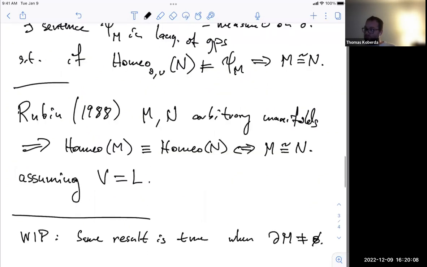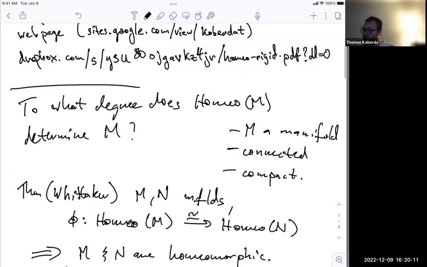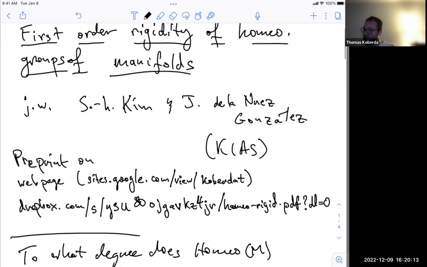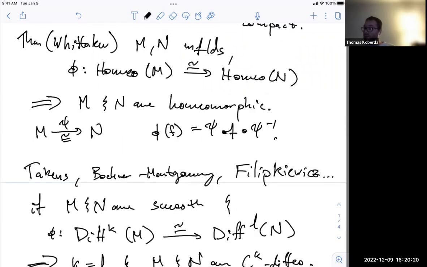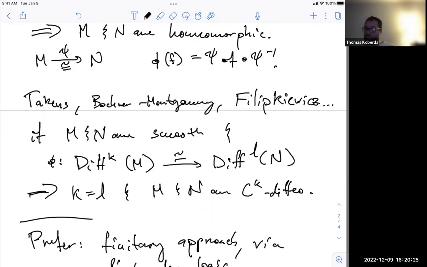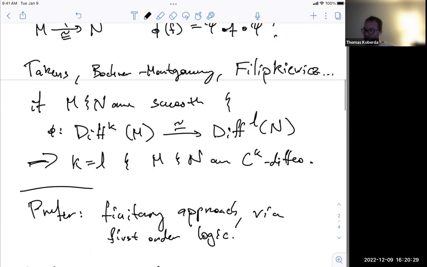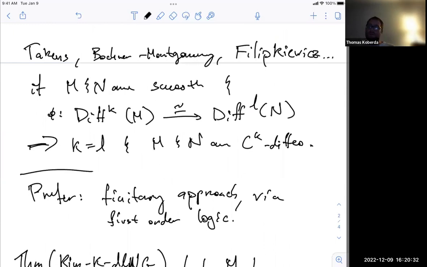I mentioned at the beginning that you have these classical theorems of Whittaker, which say that isomorphisms between homeomorphism groups imply homeomorphism of the underlying manifolds, and same if you pass to diffeomorphism groups. And I said that I wanted finitary ways of distinguishing between homeomorphism types of manifolds that only use groups acting on them.